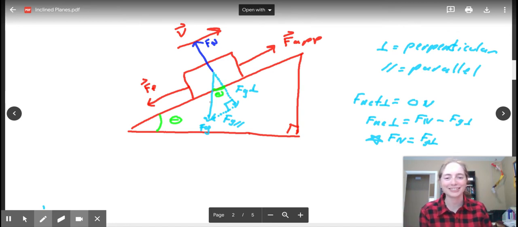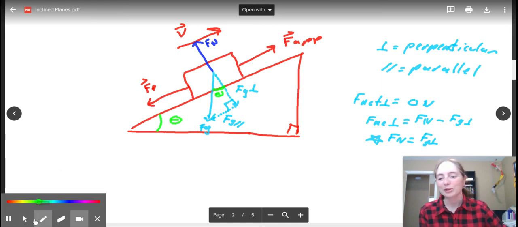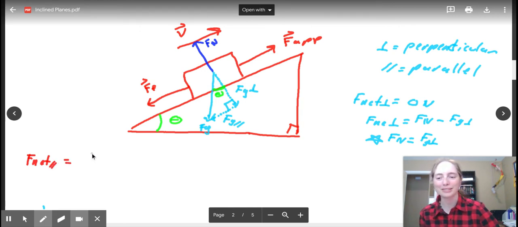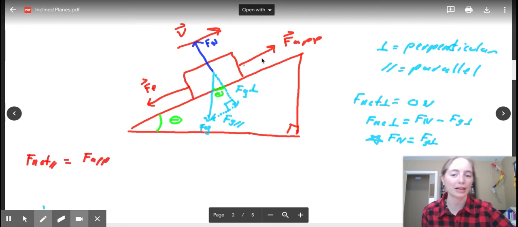Sounds good? Okay. So when I'm going to make an F net parallel equation, I am going to need to consider several different components here. I am going to have to consider my force applied. Now, my force applied is going up the ramp, so that's something I'm going to want to keep in mind.